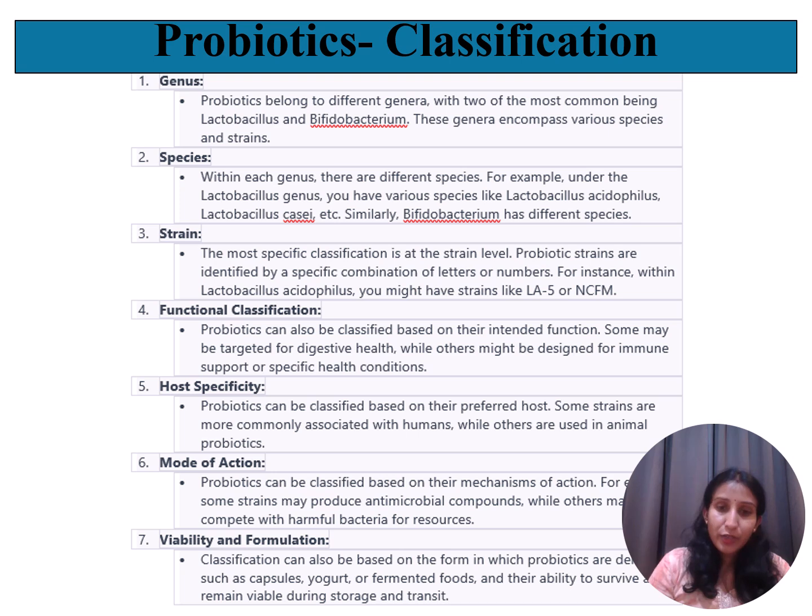The next classification is based on mode of action. How do they act? This classification is based on the probiotic microorganisms' ability to produce antimicrobial compounds, to produce higher levels of short chain fatty acids, or to produce antibacterial peptides. The next classification is based on viability and formulation. On viability, we can classify probiotics as viable probiotics and non-viable probiotics.